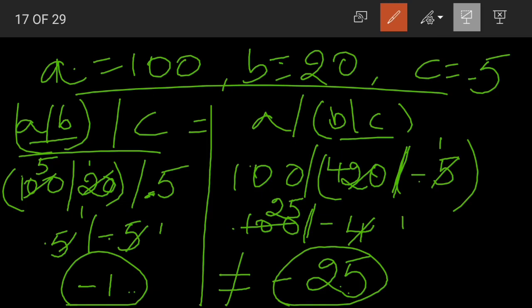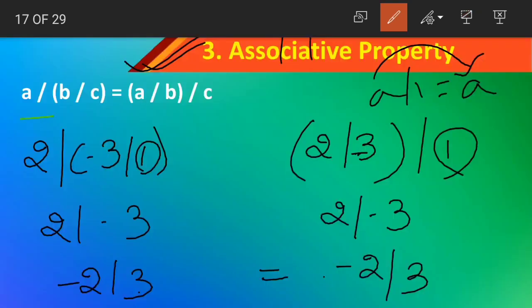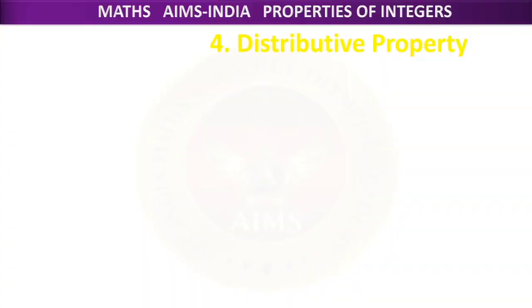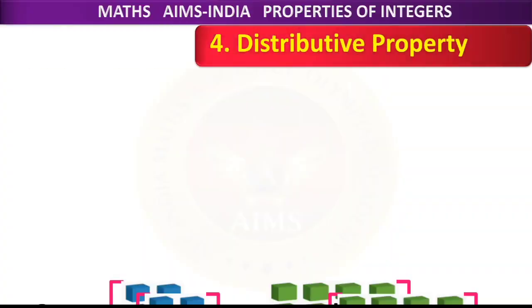As here both LHS and RHS are not the same, we can say that division of integers does not follow associative property. Even in your exam, whenever you have to solve such kind of problems, it is better to cross check by taking two different sets of integers. I hope this is clear.